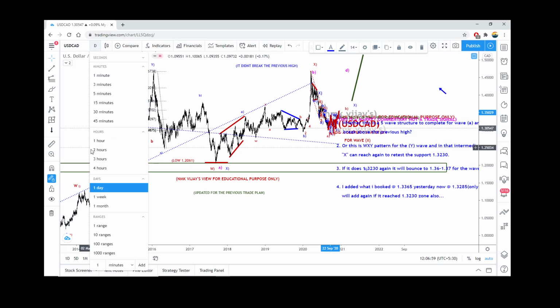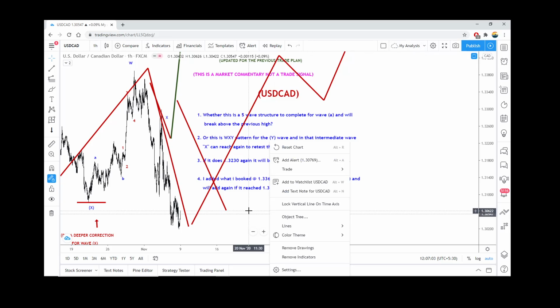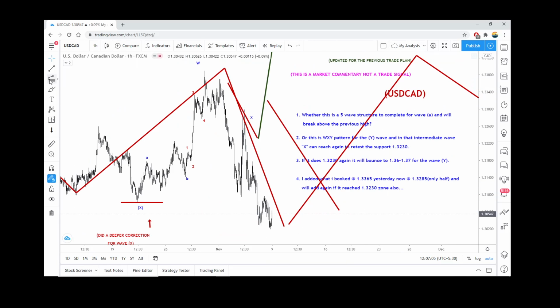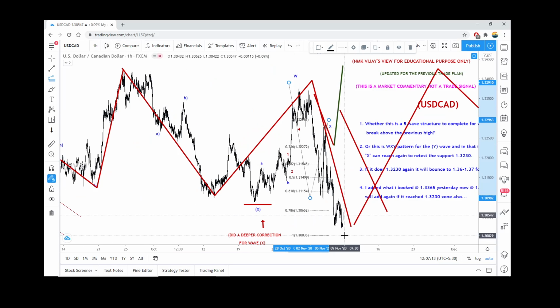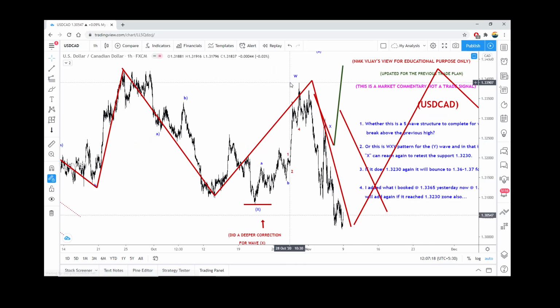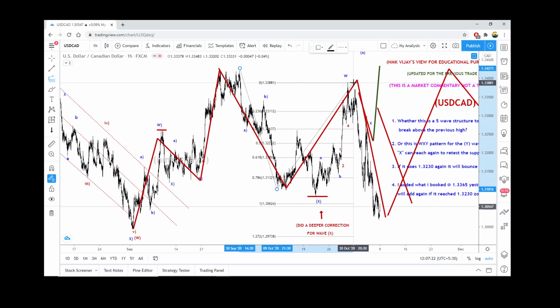But here it is clearly seen that it's perfectly the AB equals CD pattern here, and here also perfectly the AB equals CD pattern.